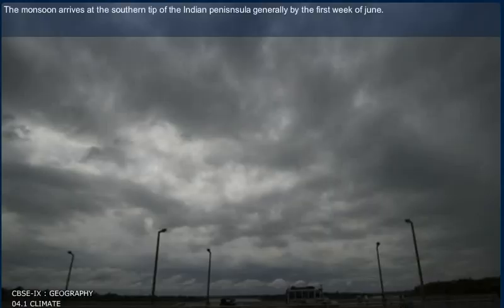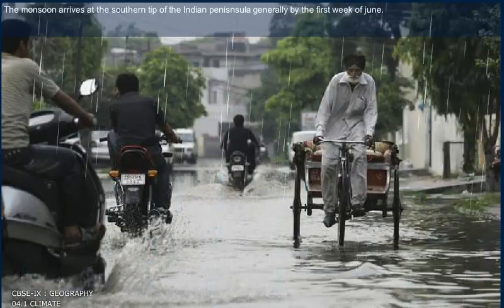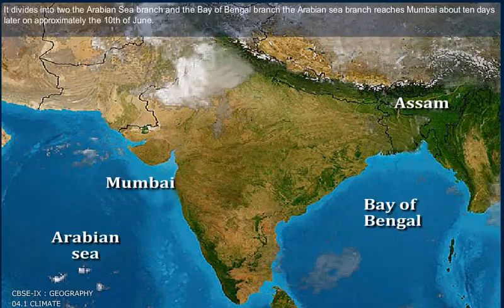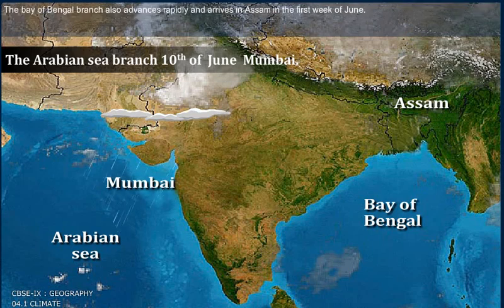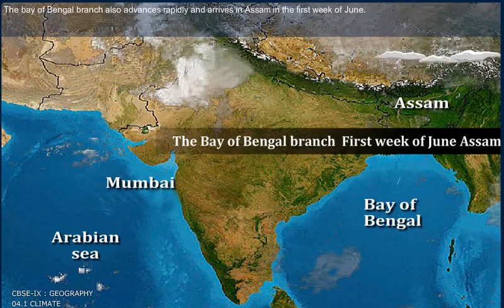The monsoon arrives at the southern tip of the Indian peninsula generally by the first week of June. It divides into two, the Arabian Sea branch and the Bay of Bengal branch. The Arabian Sea branch reaches Mumbai about 10 days later, on approximately the 10th of June. The Bay of Bengal branch also advances rapidly and arrives in Assam in the first week of June.